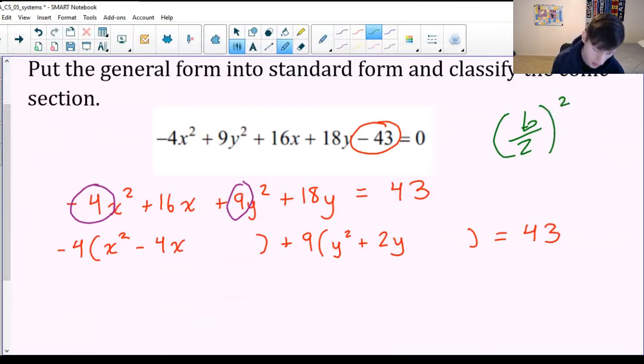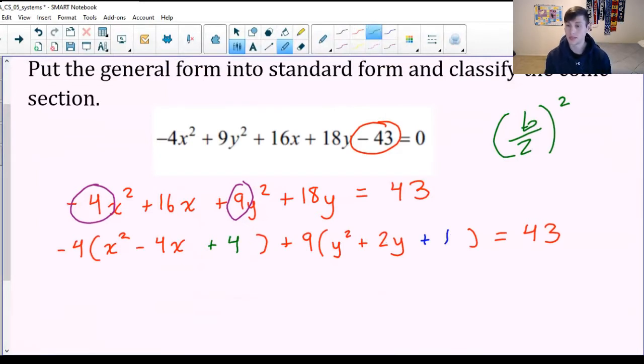So just b over 2 squared. So -4 over 2, -2, -2 squared, 4. So plus 4. Then for the y's, 2 divided by 2, 1, 1 squared, 1. So plus 1 in there.